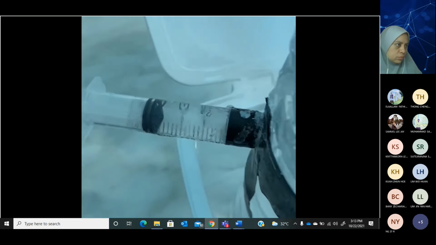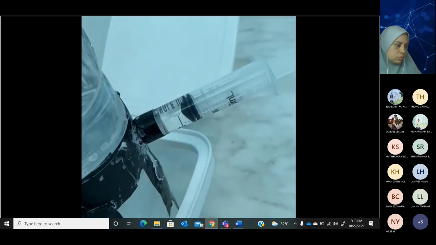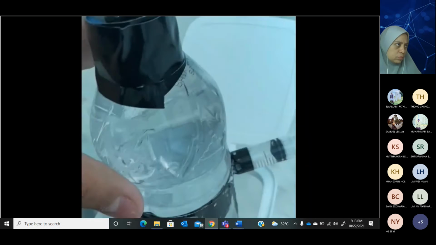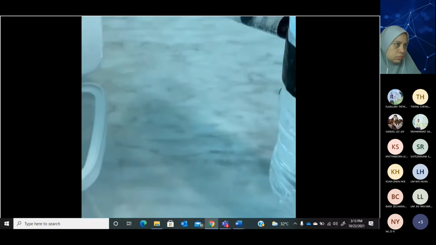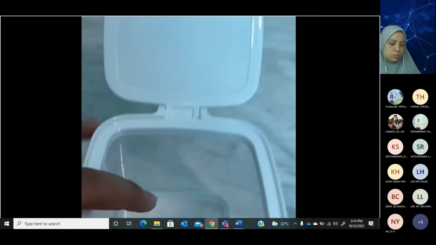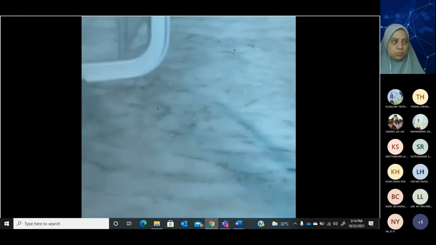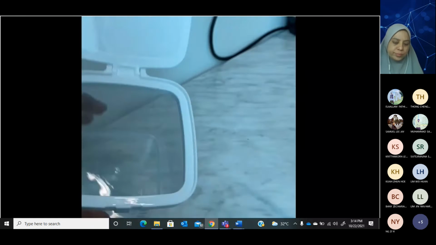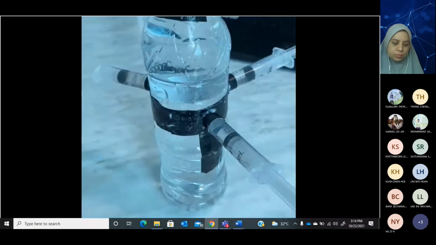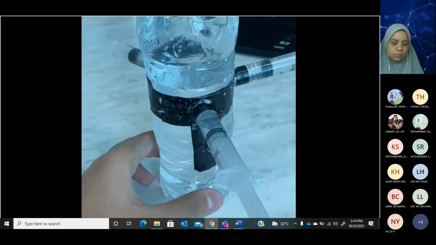One of them became 4, more than enough, as you all can see. And to show you that there's no water loss, that there's nothing here, nothing is here. This is all for my experiment. Thank you.